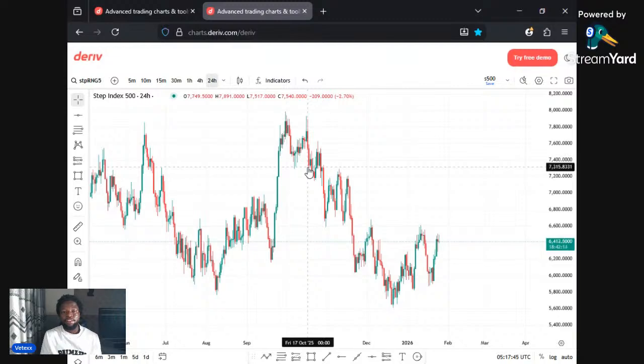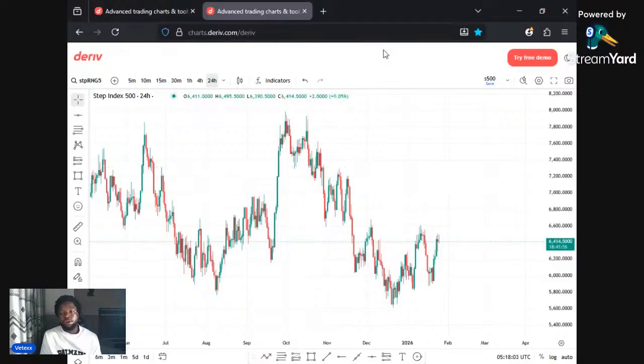That is why every day we always do top-down analysis on each pair so that we don't get the wrong direction of a particular pair. We understand the trend, where the price is coming from, where the price is going to, and at the end of the day, we ride along with it.